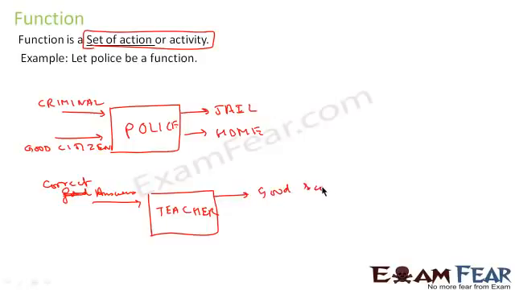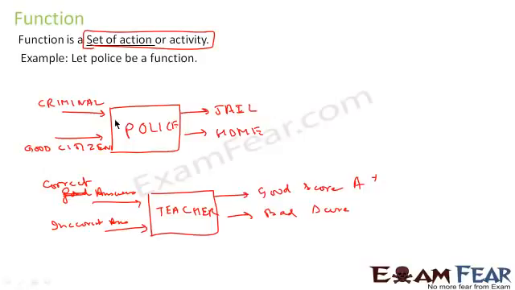Correct? Good score, A+. But when you give an incorrect answer, the same teacher gives you a bad score. Correct? Teacher is also a function here.